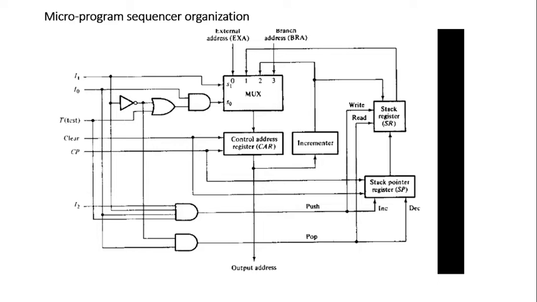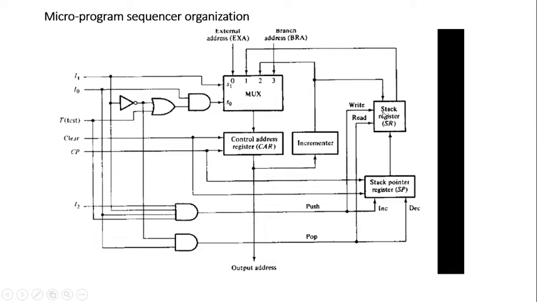After completing the subroutine execution, pop the return address from the stack register file. That means the return address is now available at the top of the stack, so we pop back the return address with the help of a special stack pointer register. This stack pointer register supports pushing the return address into the stack register, as well as popping.